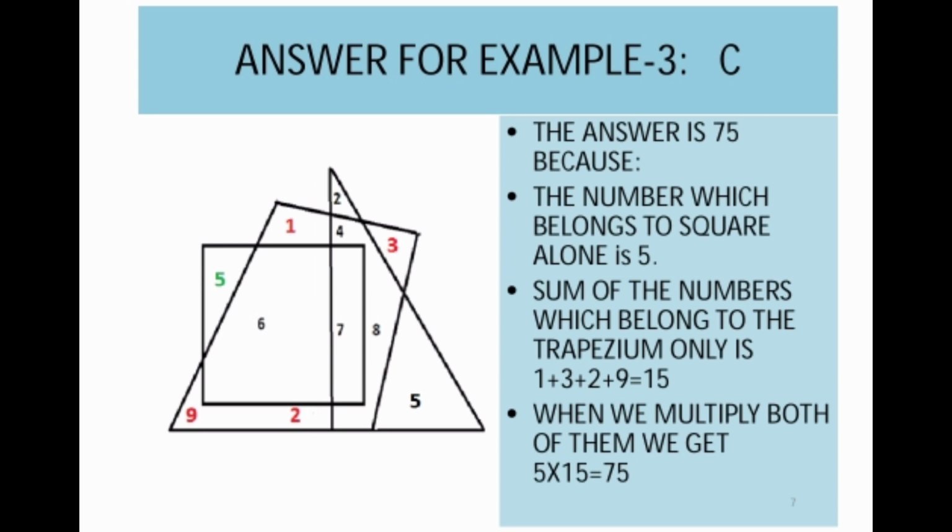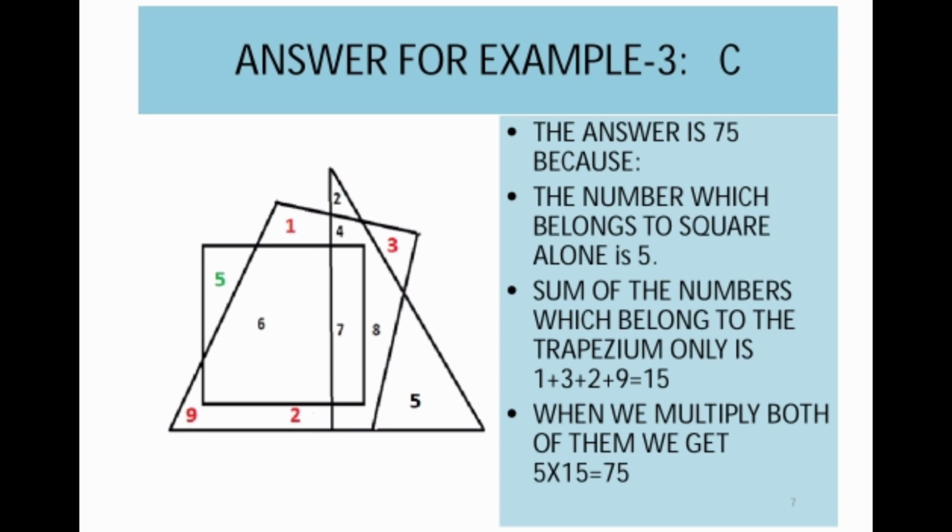Now, we should take the numbers which belong to trapezium alone. The numbers which belong to trapezium alone are 1, 3, 9 and 2. If you observe the question carefully, you will see the sentence: the sum of the numbers which belong to the trapezium only.